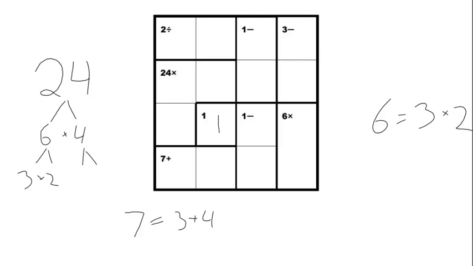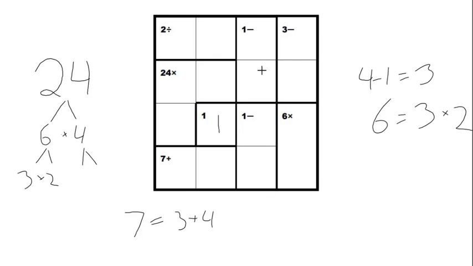If we were to subtract and get 3, the only way we can do that is by taking 4 and subtracting 1 to get 3. So that gives us some guidance with regards to this. Now we know both 4 and 1 have to go here and 3 and 2 have to go here, based off of what we have done here. But we just don't know which specific boxes yet.